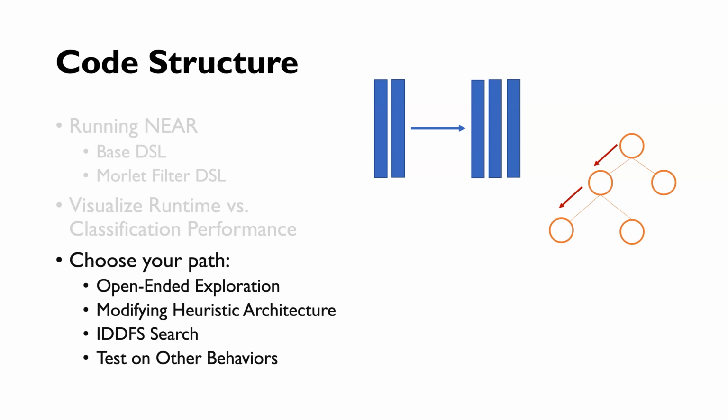We also have an option to use iterative deepening depth first search instead of A* search for doing NEAR. And the last part is that you could test on other behaviors. Previously, you've worked mostly on investigation labels, but we provide to you as well mount labels so that you can test how well your DSL and the algorithm generalizes to these other behavior classes.